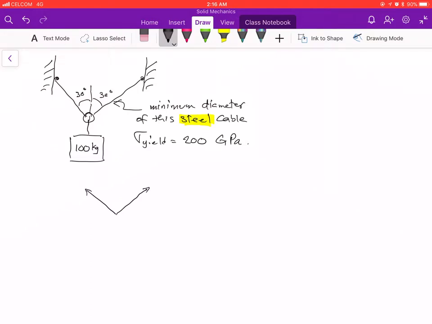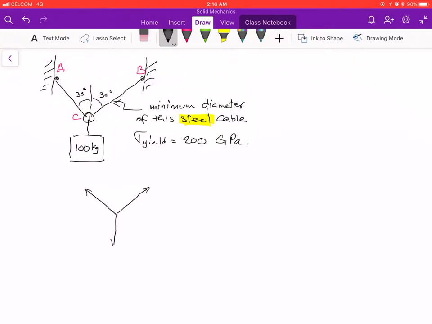Let's label this as A, this is B, and this is C, to make it easier to identify.